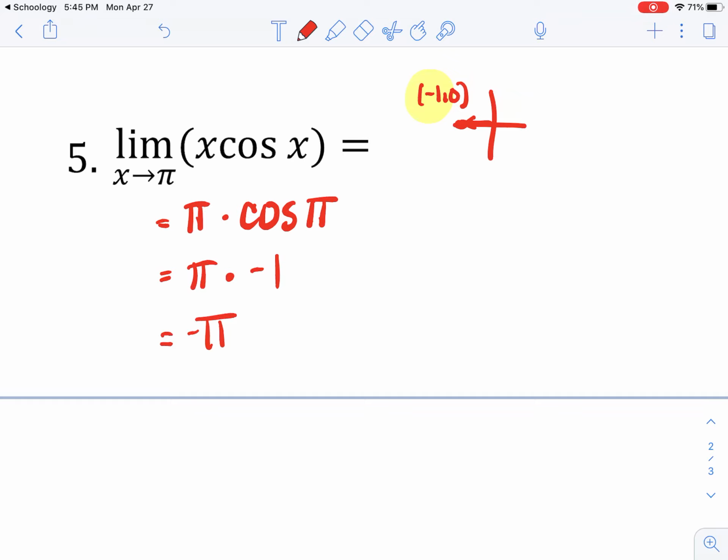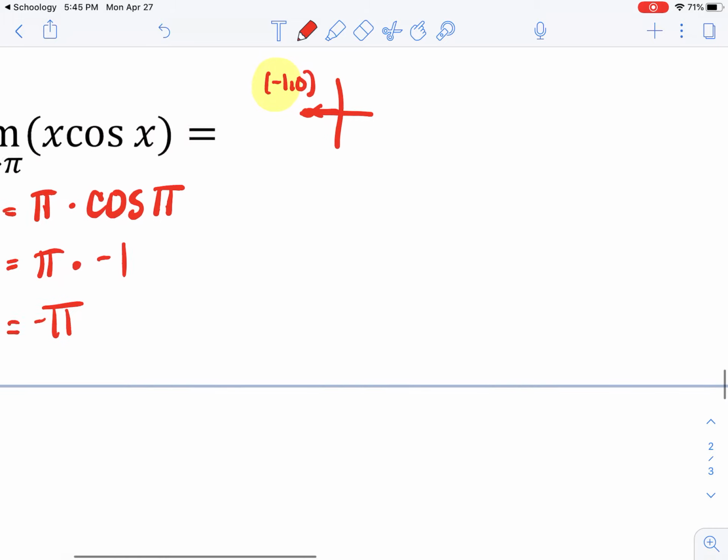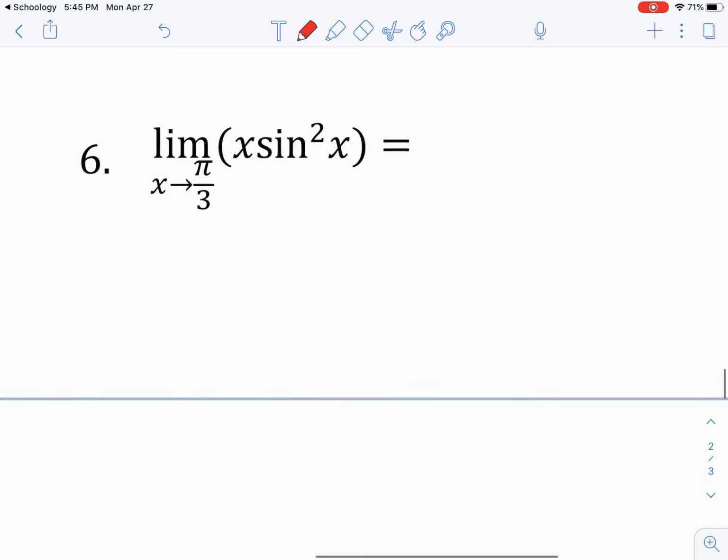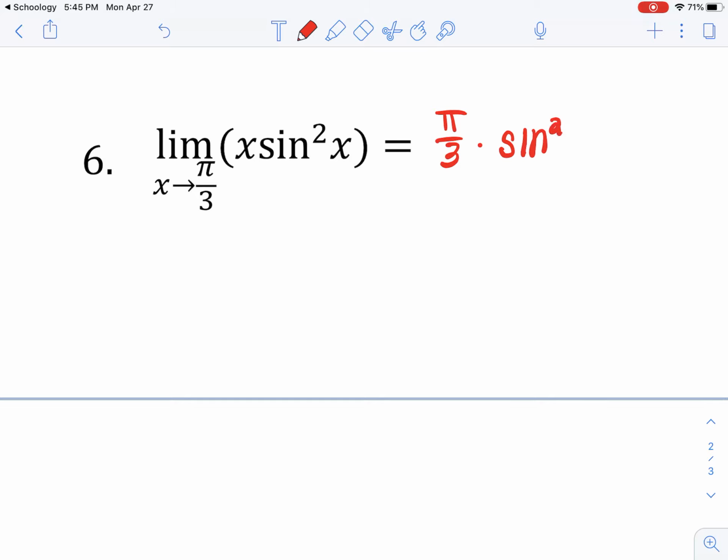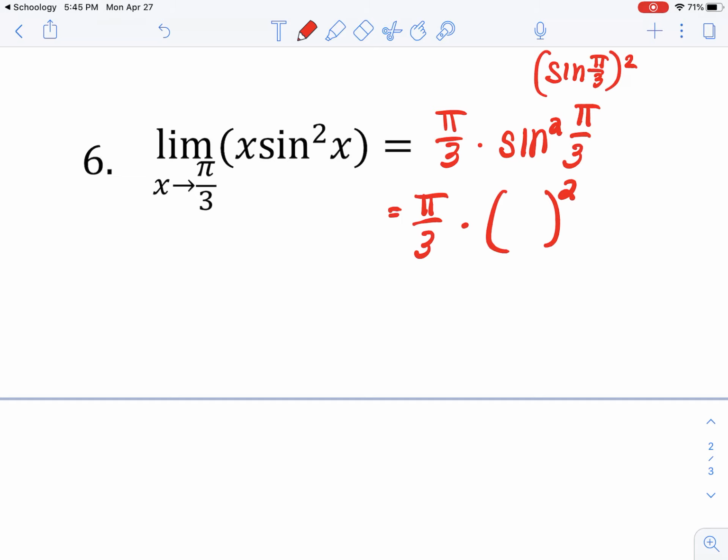Okay, last one. If you haven't tried it on your own already, now you're like, oh, I see. Try the last one on your own. Pause the video. All right, plug in pi over 3. Okay, so this is pi over 3 times, and then I need sine of pi over 3 squared. Remember, sine squared of pi over 3 is the same thing as sine of pi over 3 squared.